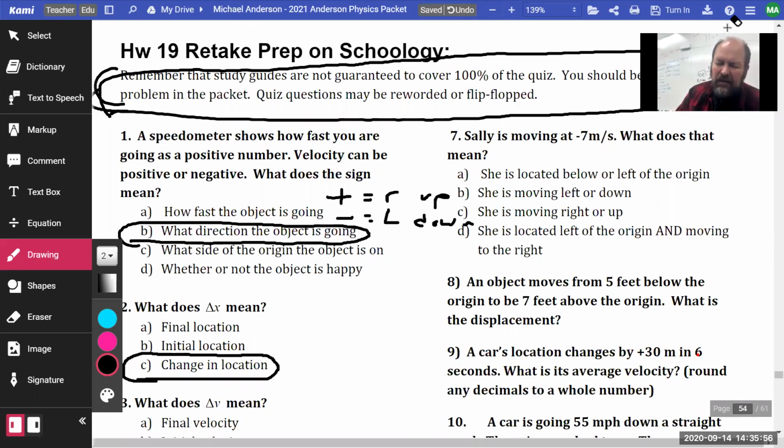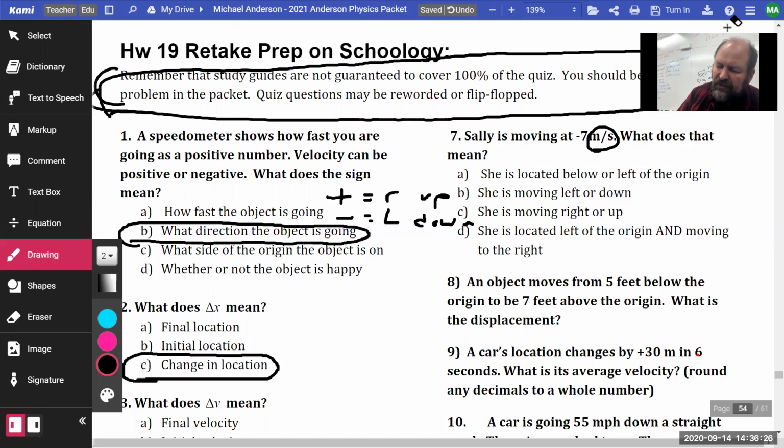Number 7, Sally is moving at negative 7 meters per second. What does that mean? Go ahead and read through those options and circle your answer. The unit here is meters per second, meters over seconds.